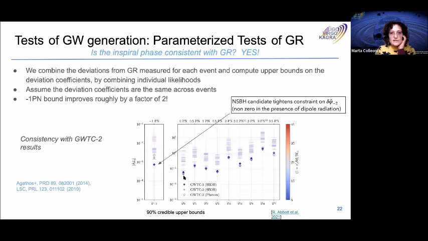So here we show the first plot for the results of this test. We combine the deviations from GR measured for each event, and we compute 90% credible upper bounds of the magnitude of the deviation coefficients. Here we simply multiply the individual likelihoods of individual events, and we assume, therefore, that the deviation coefficients are the same across all events.